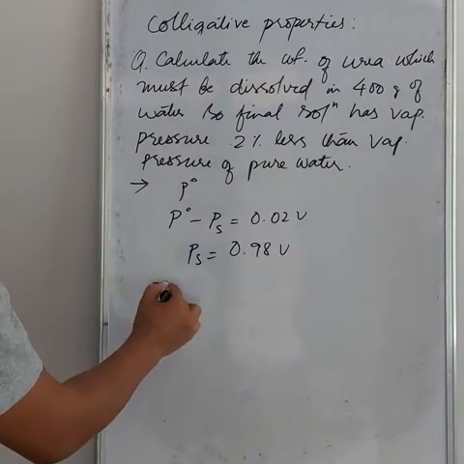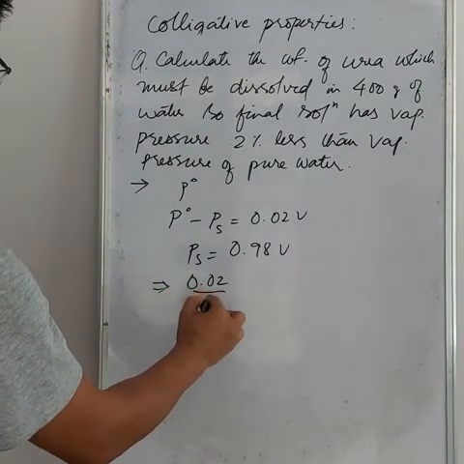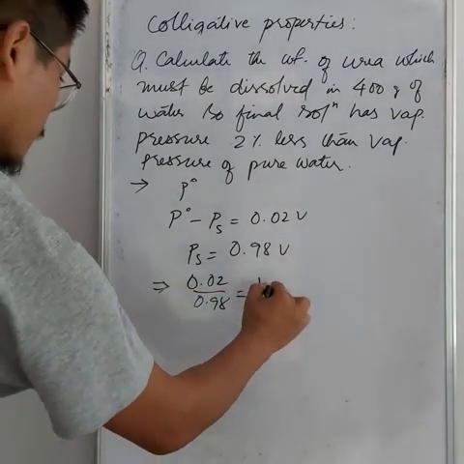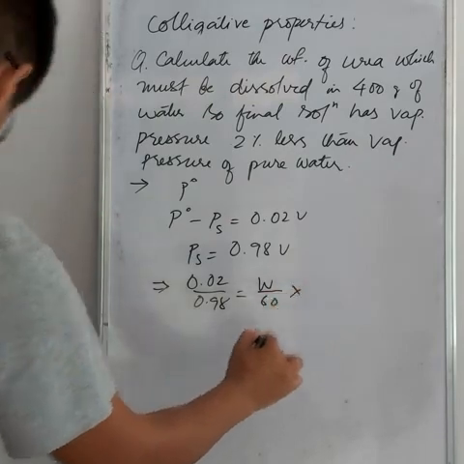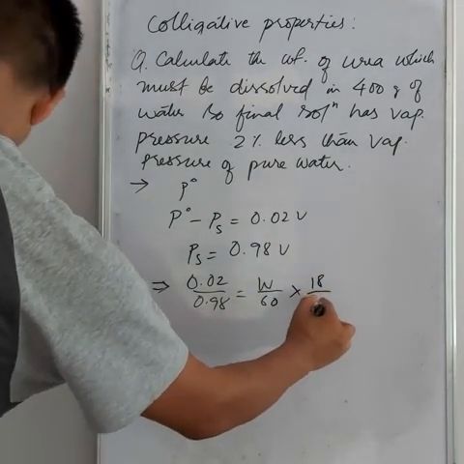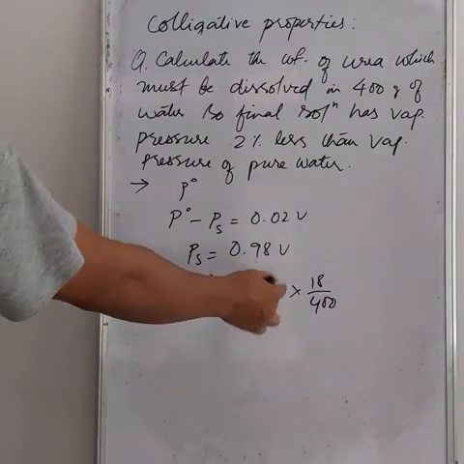which implies 0.02 over 0.98 is equal to W over 60 into 18 by 400. Here W is the weight of urea.